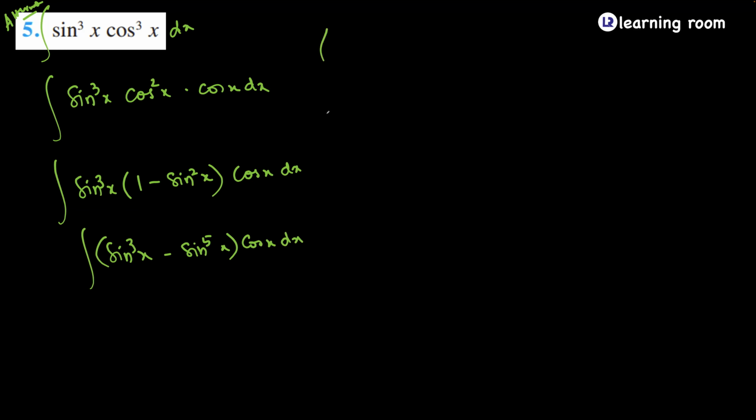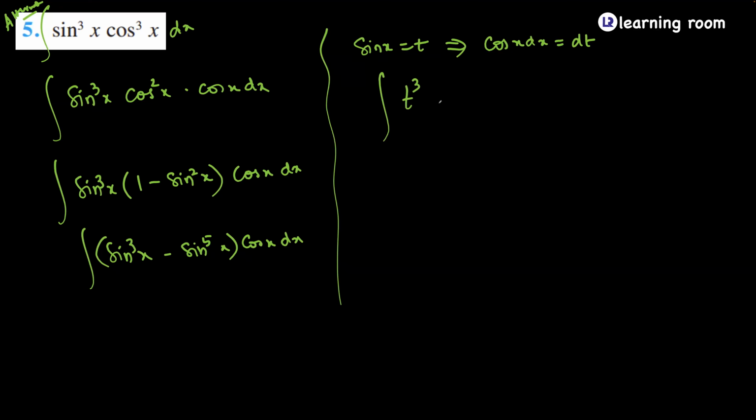So if I put sine x is equal to t, that implies cos x dx will be equal to dt. So integral of sine cube x is t cube minus t power 5 times dt.